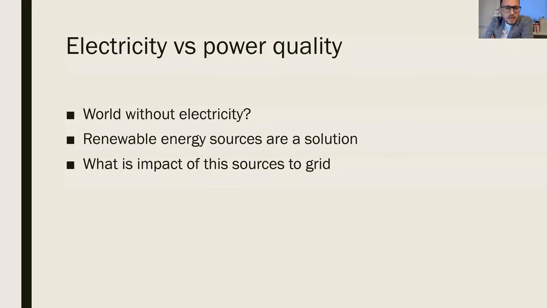And today I would like to present the application of data mining to the problem of power quality. Why power quality? According to me, it is a very important problem, because it is strictly connected with electricity.